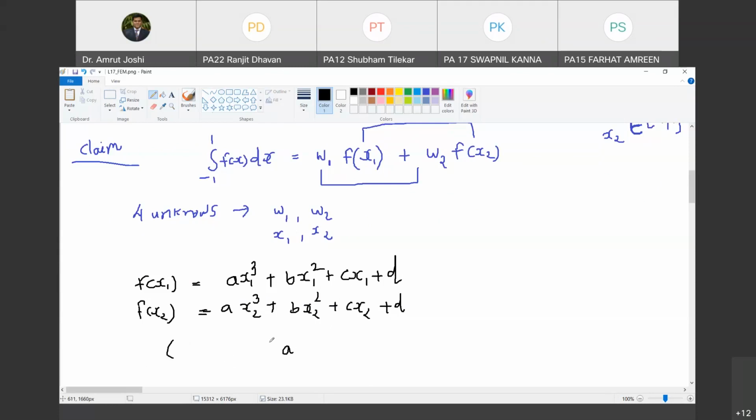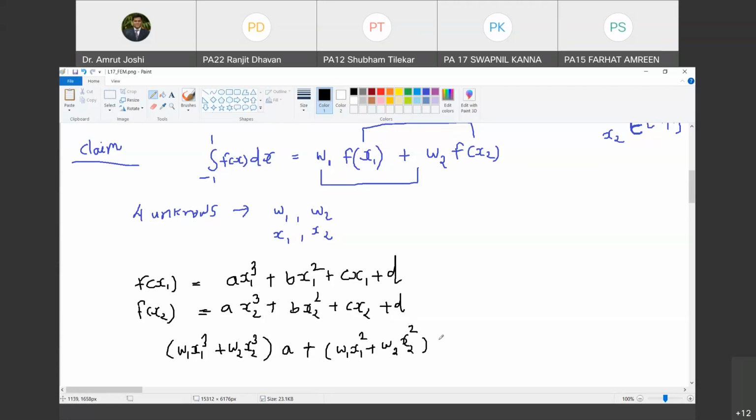The coefficient of a will be w1 x1 cube plus w2 x2 cube. Happy? Then the second one will be w1 x1 square plus w2 x2 square.